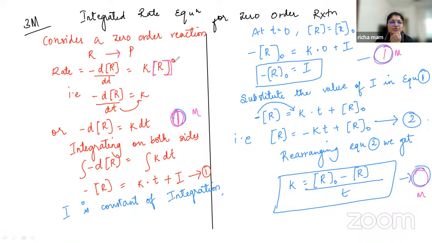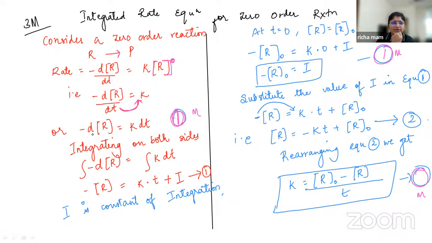So minus dR by dt is equal to K, because R raised to 0 is 1. After rearranging, we shift dt to the other side. So we get minus dR is equal to K dt.